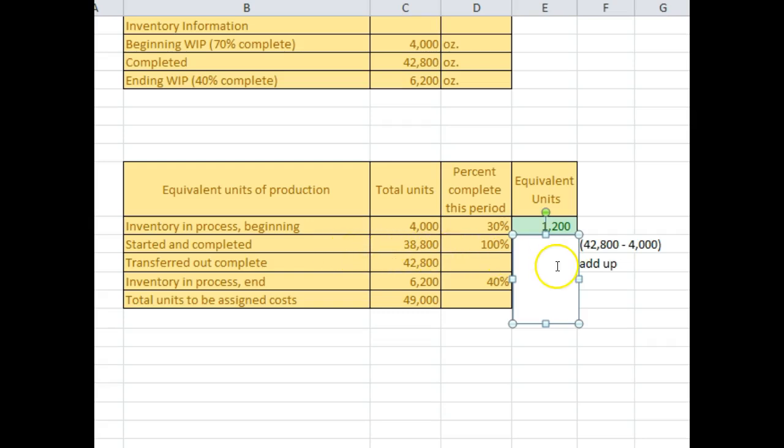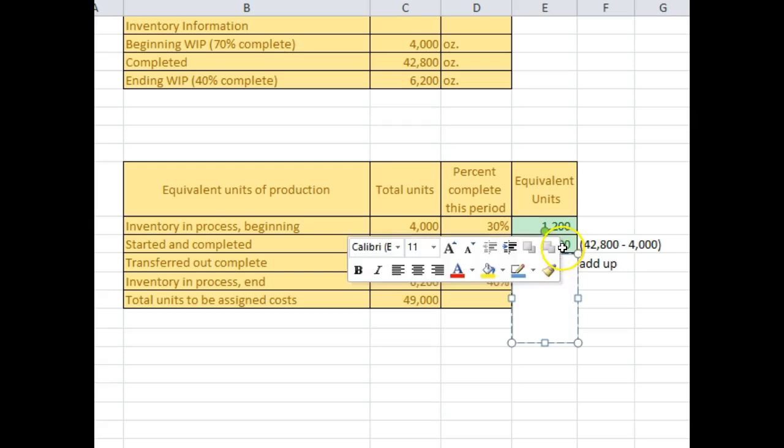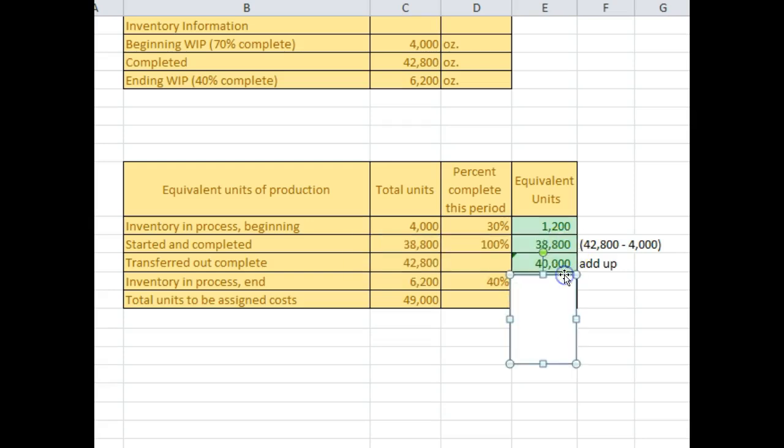Those are at 100%. So that means that is the equivalent unit of 38,800. We transferred out, completed, 42,800 here. Okay, that's what we said we transferred out.